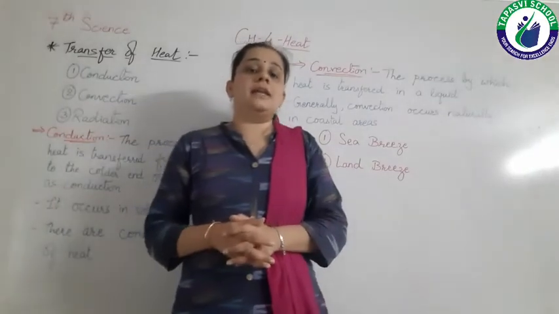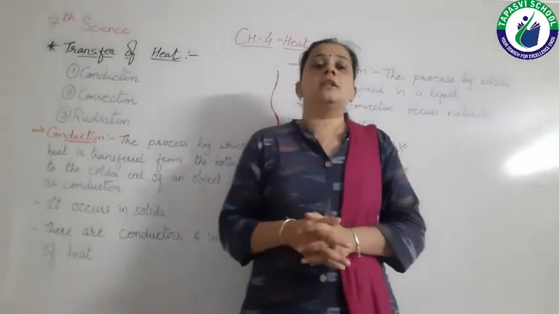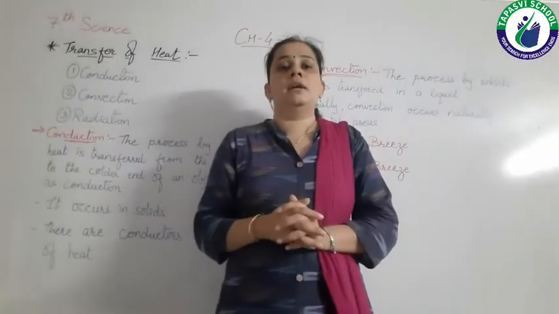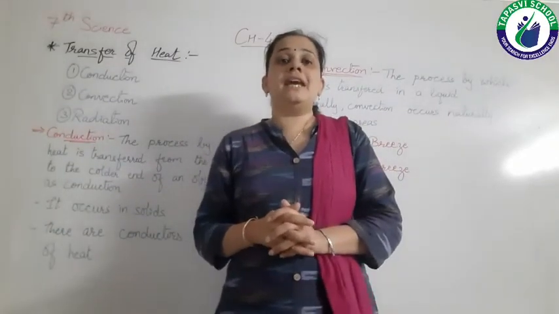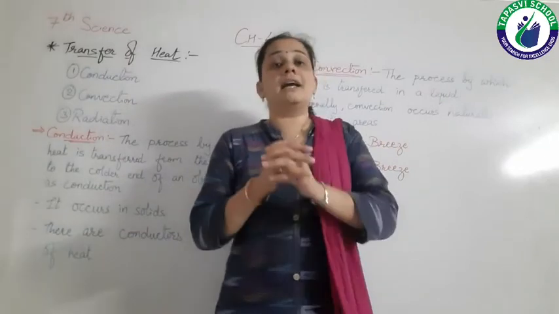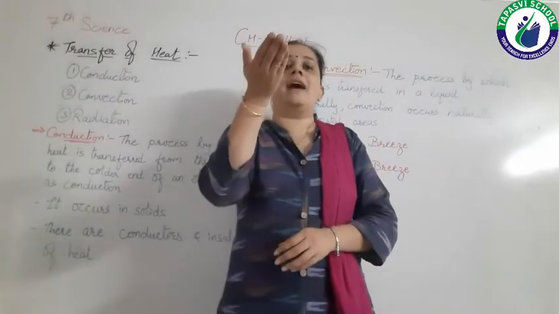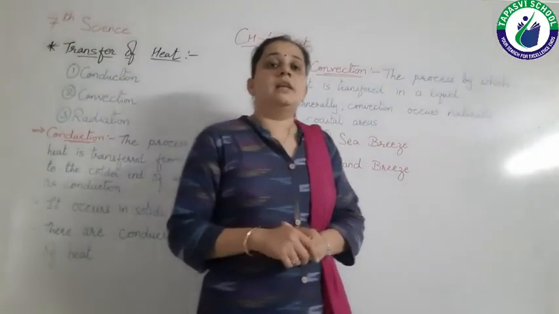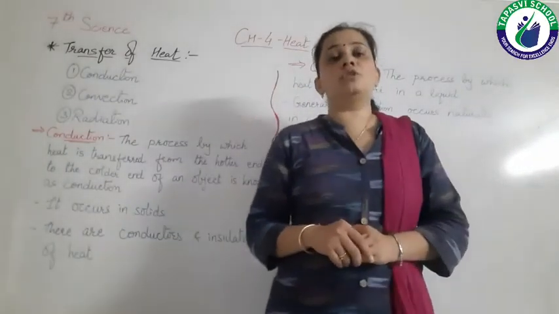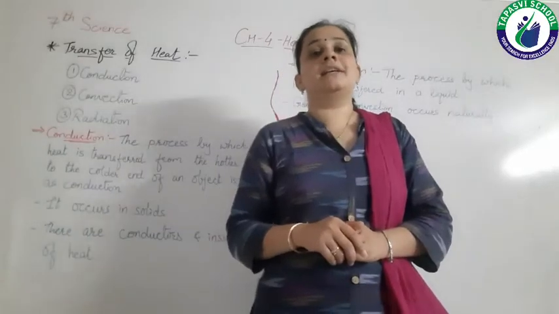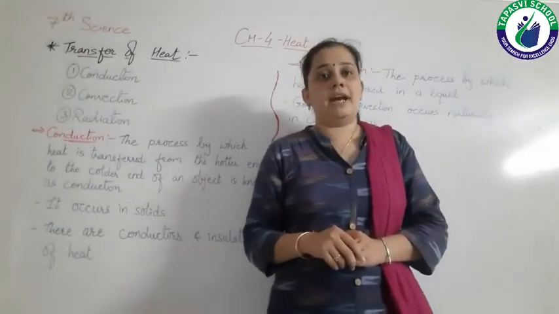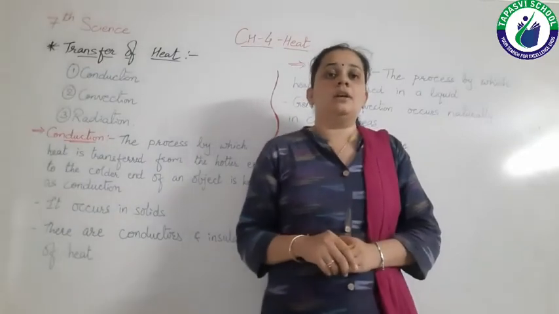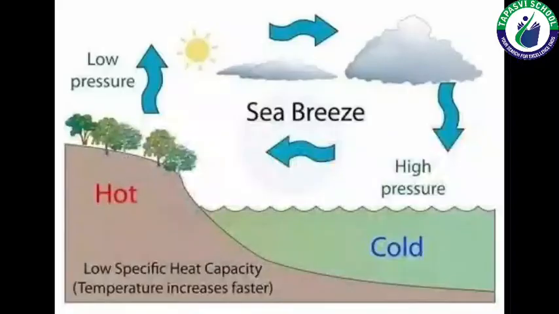In that place, the cold water from the surroundings comes and now it becomes hot. Again that hot water rises up. It happens until all the molecules of the water get hot, right? So this is done by the method of convection.